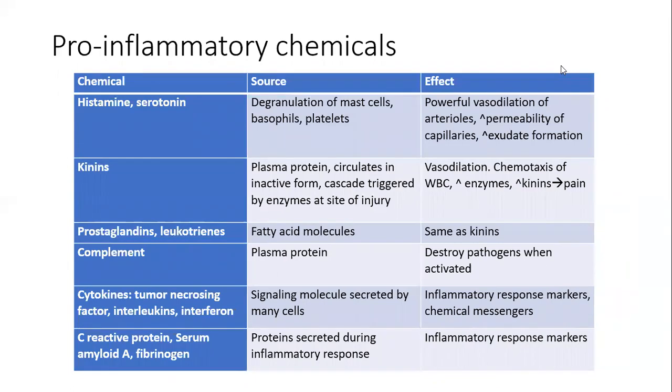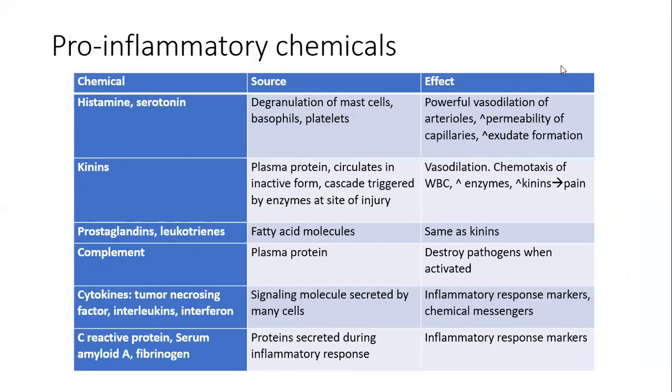So, some pro-inflammatory chemicals are these, histamine, serotonin. So histamine and serotonin come from the degranulation of mast cells, and they're powerful vasodilators and cause permeability and exudate formation.